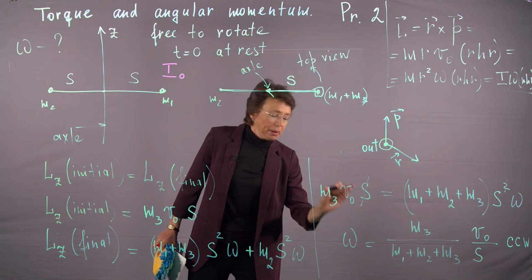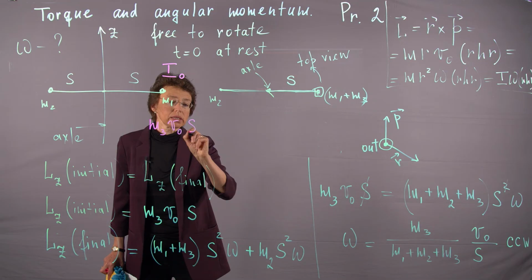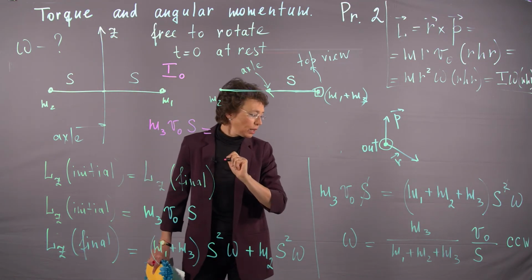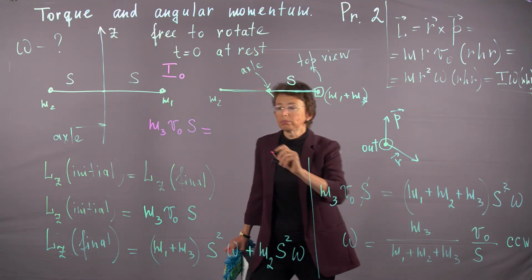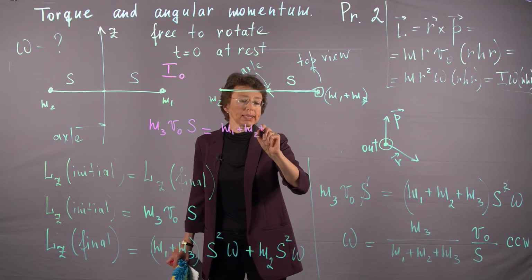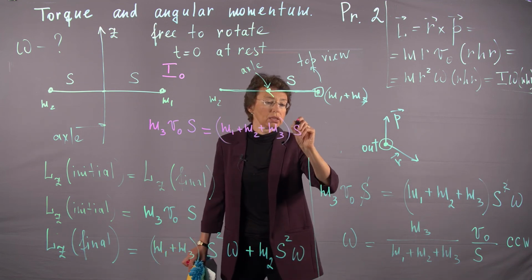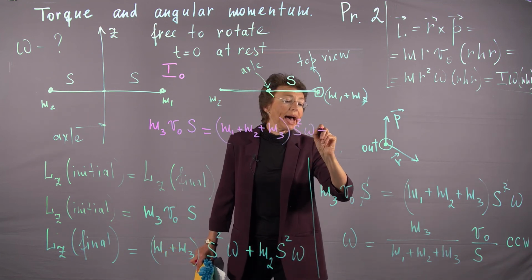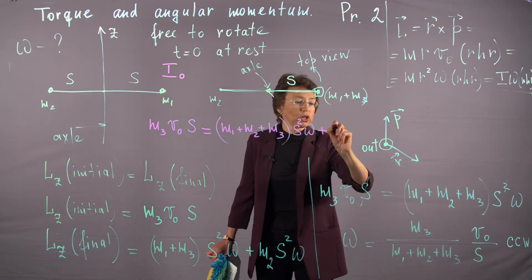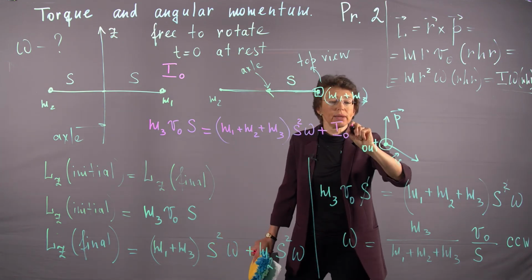Well, the initial angular momentum is still M3 V naught S. No changes. This system is at rest. Then it is equal to M1 plus M2 plus M3. No changes here. S squared omega plus, now I have to use this formula, moment of inertia of the rod, since it's not massless anymore, times omega.